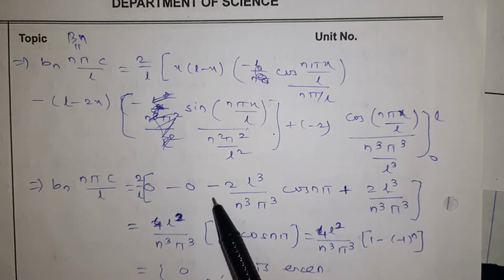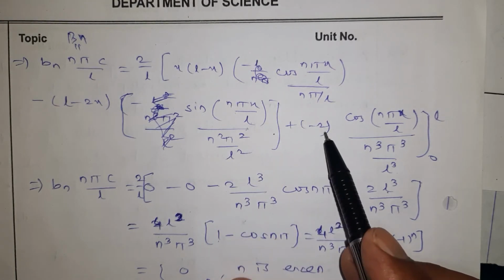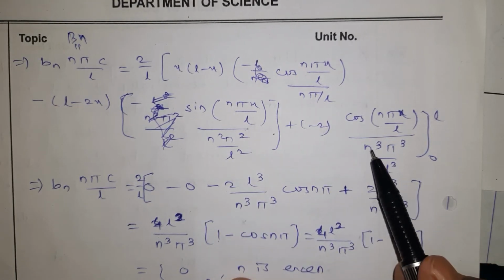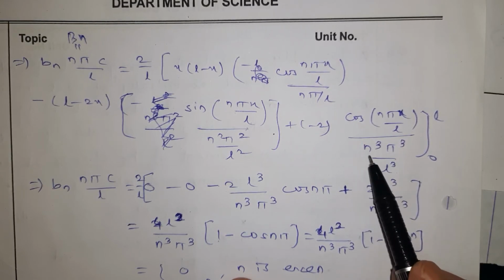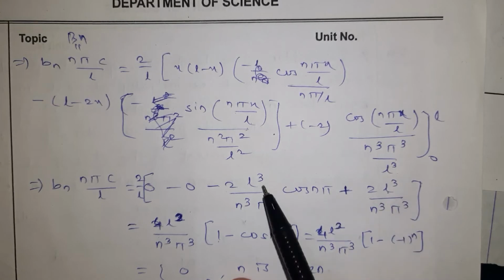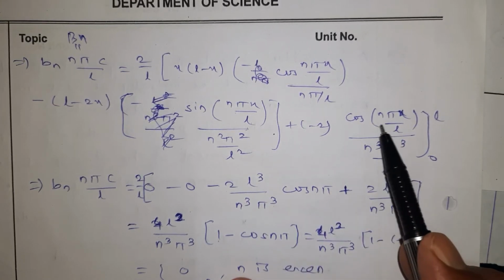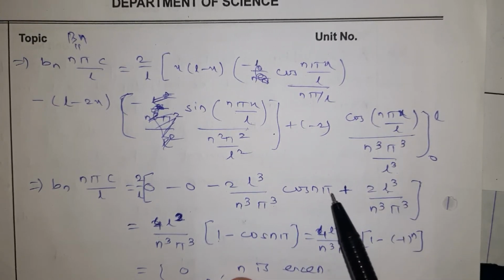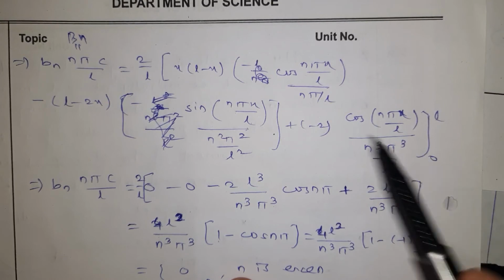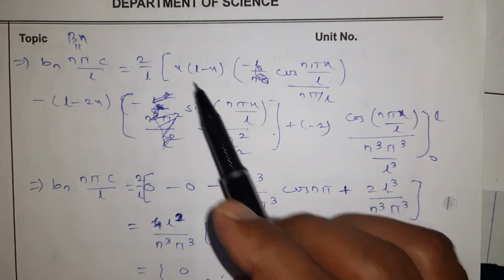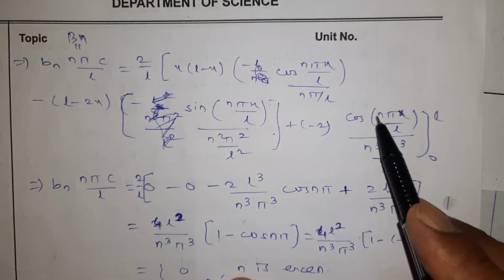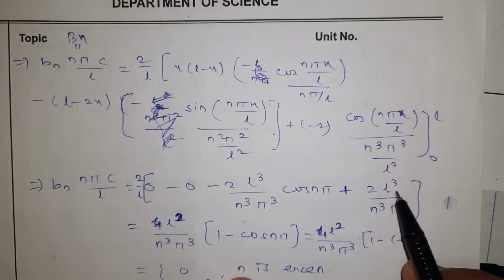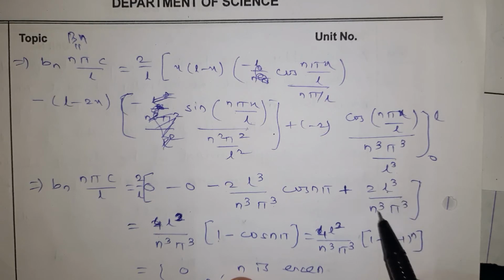So this term is 0. Minus 2, here n cube pi cube upon L cube, we write L cube upon n cube pi cube, and cos n pi. Plus, substitute 0. If I put x equal to 0, this term is 0. Sin 0 is 0, so this term also 0. What is cos 0? Cos 0 is 1. So here 2 as it is, L cube upon n cube pi cube.